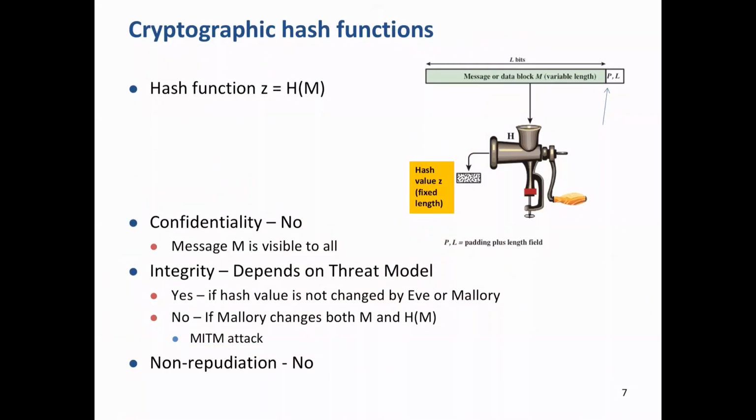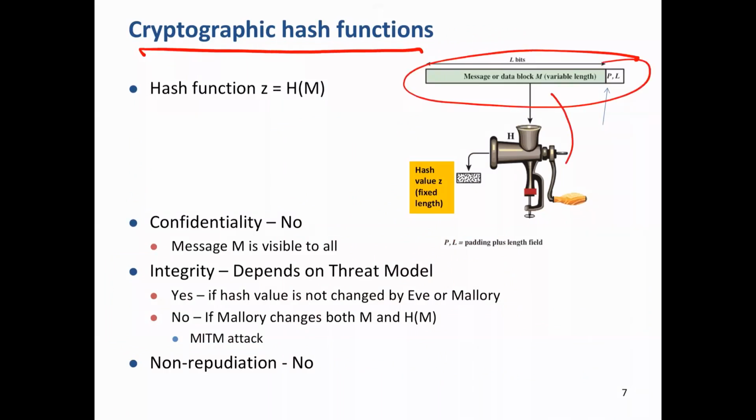Second thing we studied was cryptographic hash function. Okay, which basically takes a message and by compression in a very intelligent way we get a hash of fixed size. So if we send a message and the hash to the other party, confidentiality no, because the message is in plain. Integrity, it depends on the threat model.